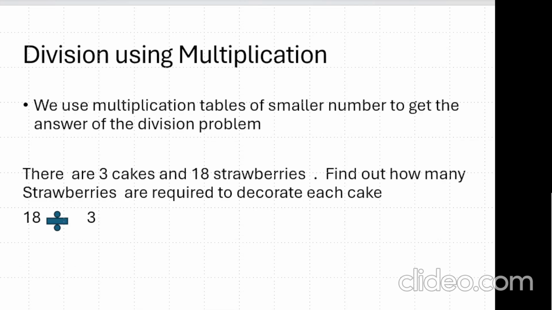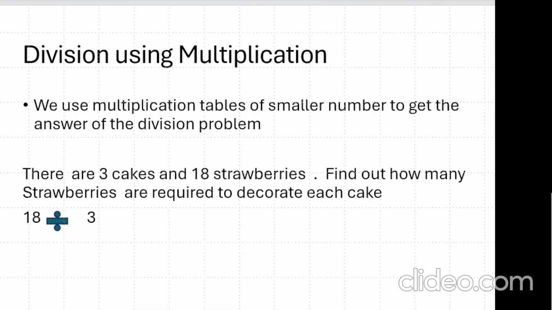So considering 3 is the divisor here, 3 into 1 is equal to 3. 3 2s are 6, 3 3s are 9, 3 4s are 12, 3 5s are 15, 3 6s are 18.